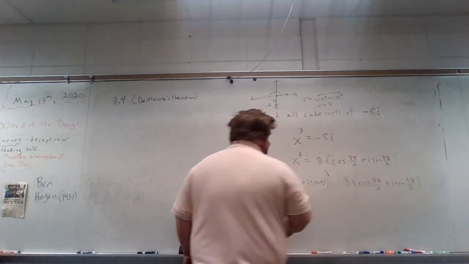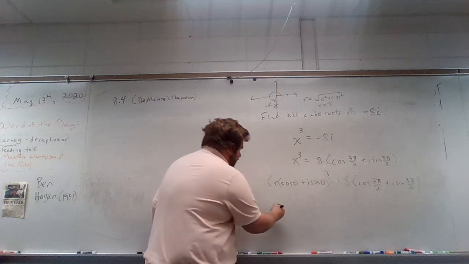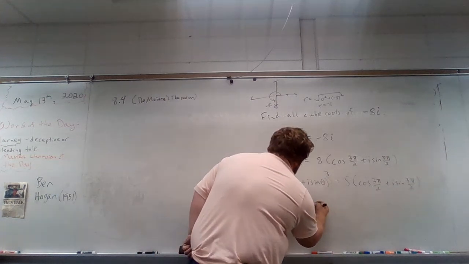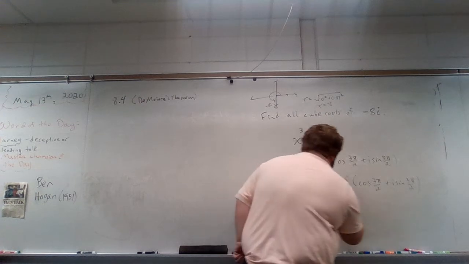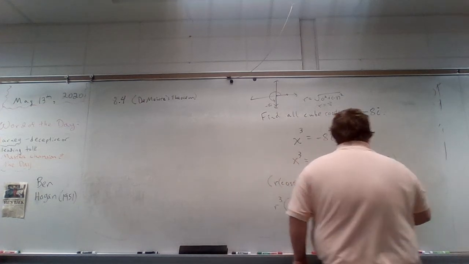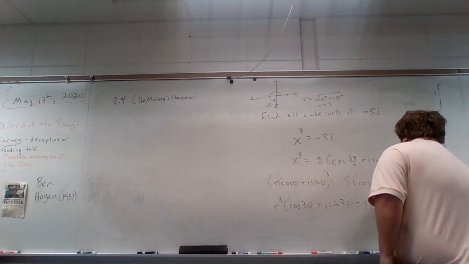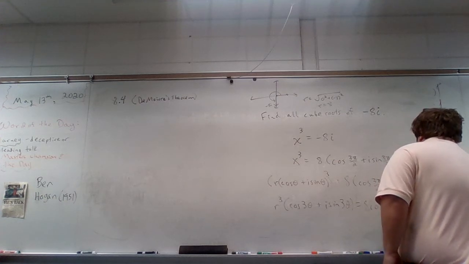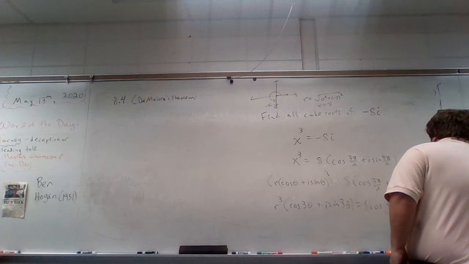Parentheses here. And then by De Moivre's, this is going to be r cubed times cosine of 3 theta plus i sine 3 theta. And that's equal to 8 cosine of 3 pi over 2 plus i sine of 3 pi over 2.